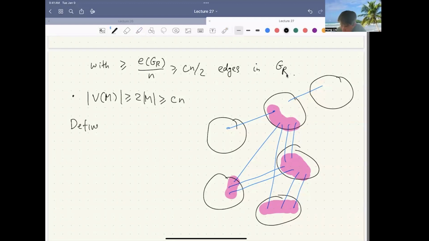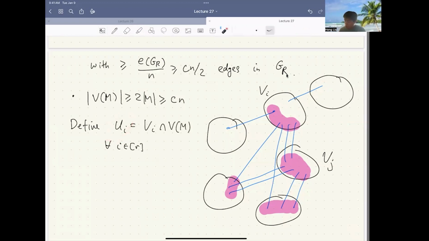To do that, we define, you have this V_i, V_j, the clusters. We define U_i to be each cluster intersecting the vertex set of M. For each i in R, you define the part of each cluster intersecting the induced matching M.